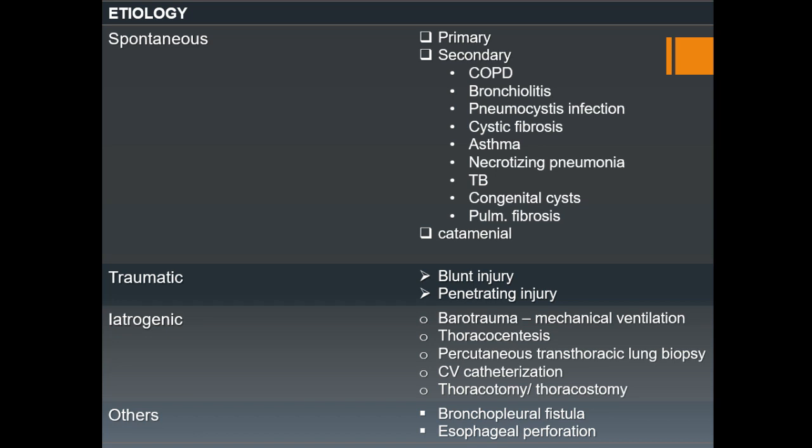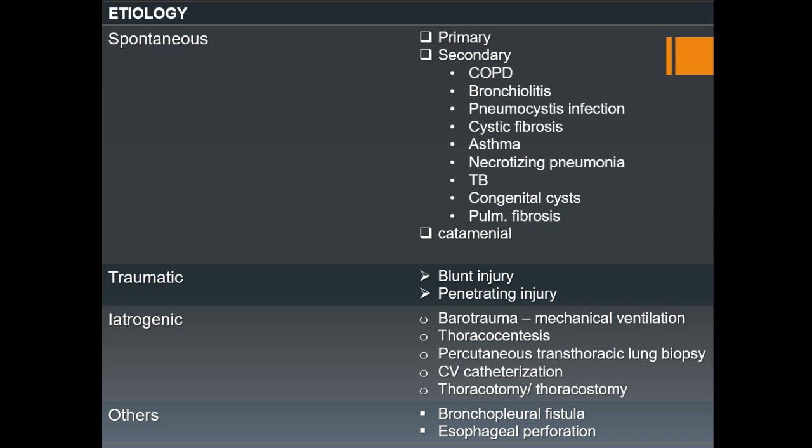This always occurs in young adults who do excessive exercise and immediately have shortness of breath and chest pain. This leads to rupture of one of the bullae or blebs, and they come to your clinic or to the emergency department as a case of spontaneous pneumothorax.